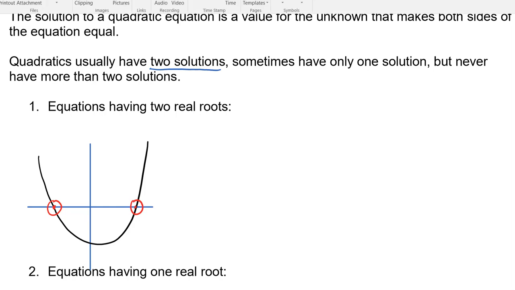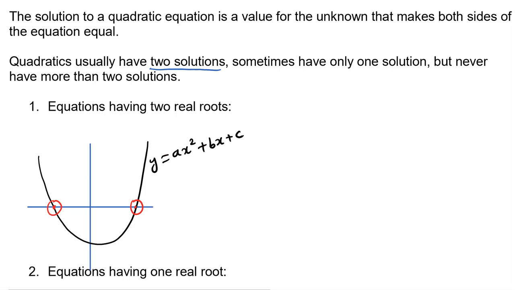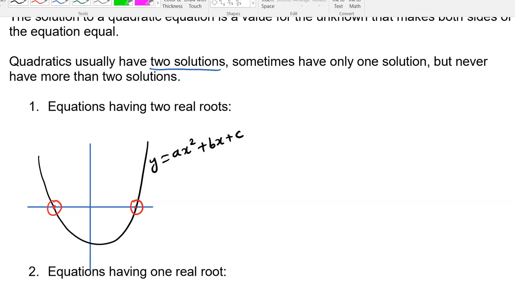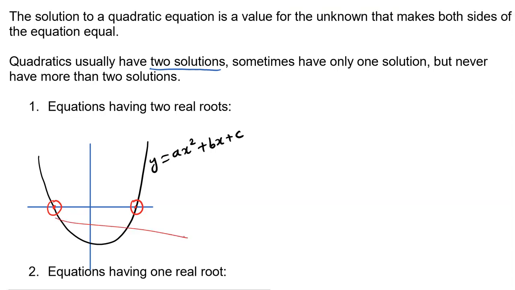So if this is the graph of y equals ax squared plus bx plus c, and we have this graph intersecting the x-axis at two points, these are the two real solutions of your quadratic equation.